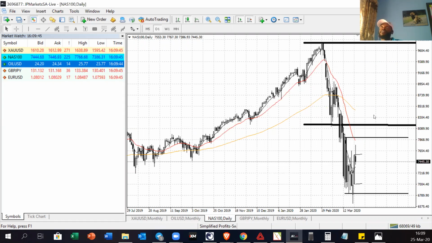And now a bull wants this to roll over. Ideally, bulls are going to keep buying until they see resistance.